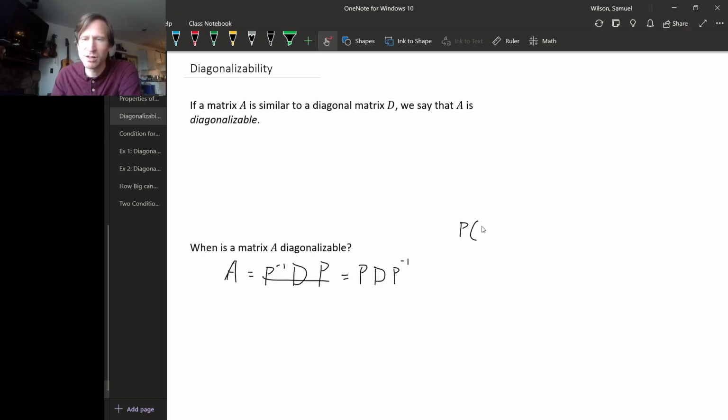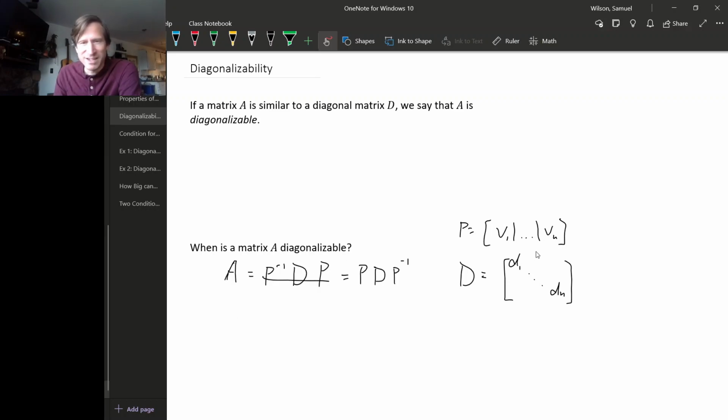And let's write the columns of P as, say, V1 through Vn. Also, let's write the entries of D as just D1 down to Dn.